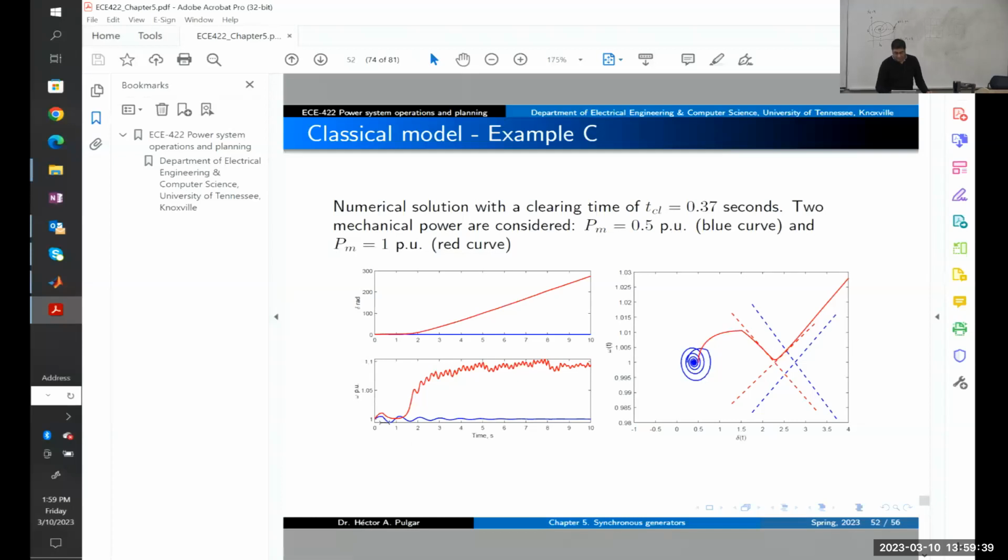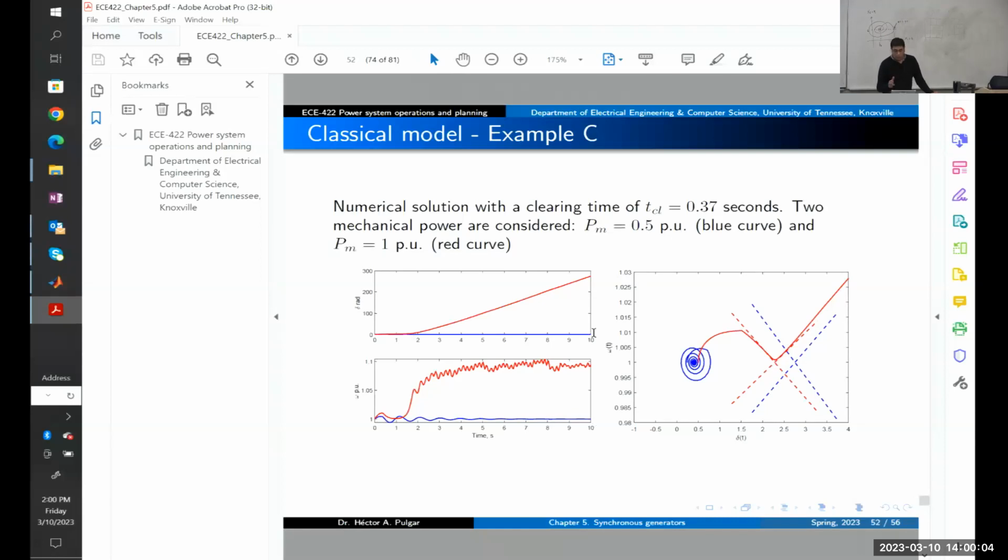And this is the plot of the speed and angle in time. For the speed, it's clear you have some oscillation, and this converges to 1. For the angle, because we have this other red curve here, we cannot see it, but it's stable and converges to delta 0.